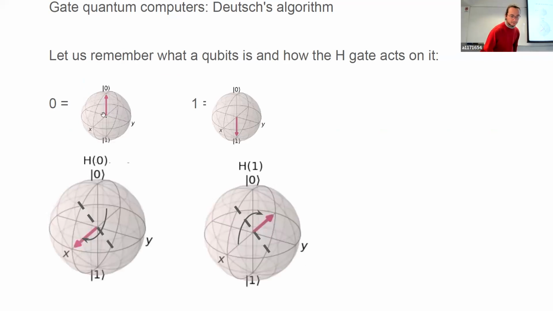So remember the Hadamard of 0 rotates the North Pole, which is the 0 state, by 180 degrees around this axis that is at 45 degrees. So Hadamard of 0 is you are on the X position on the sphere. And Hadamard of 1 is you are along the X-axis, but in the minus direction. So you are in the minus X direction, in the opposite direction.